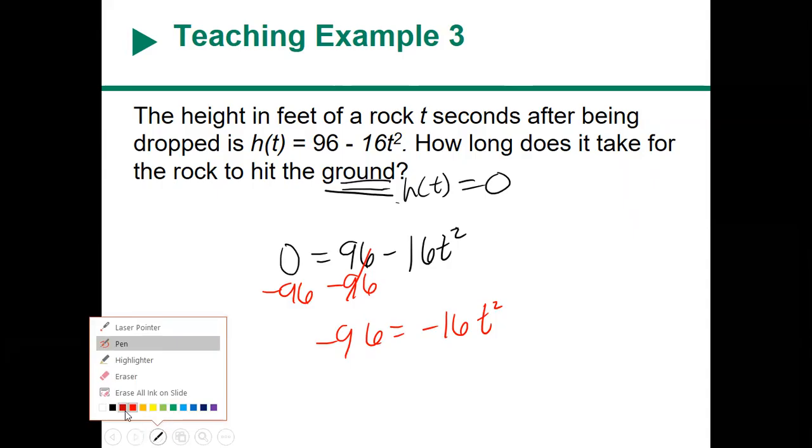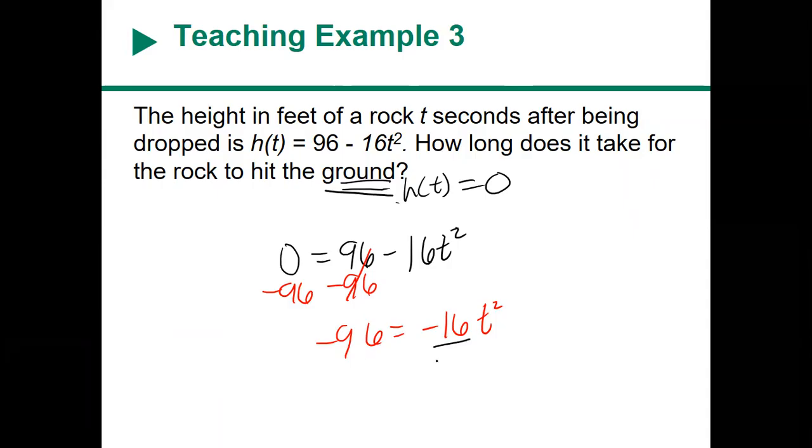What do I do next? Divide by negative 16. When I divide by negative 16, I get 6, so I get 6 equals t squared.